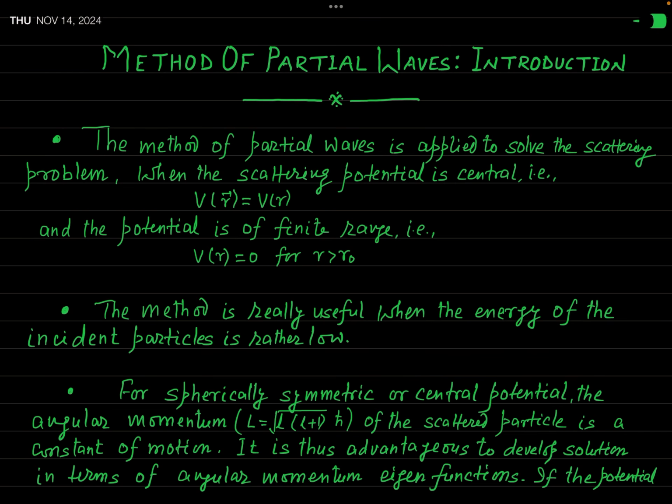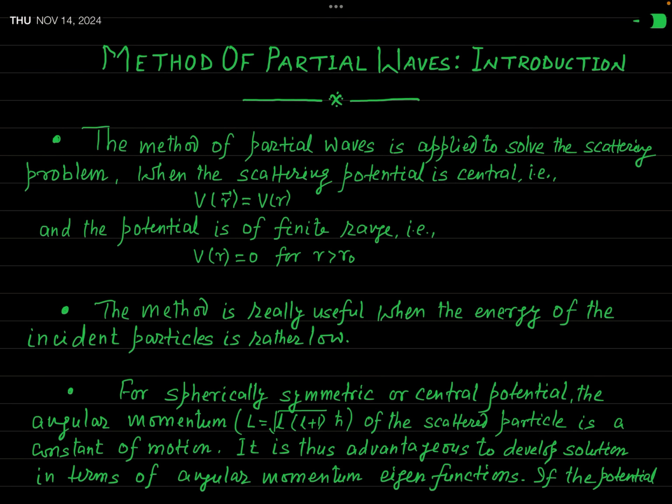It means the partial wave analysis is applicable in case of the scattering potential which is central in nature, or spherically symmetric, you can say. And apart from that, it should be also of finite range, not of infinite range.